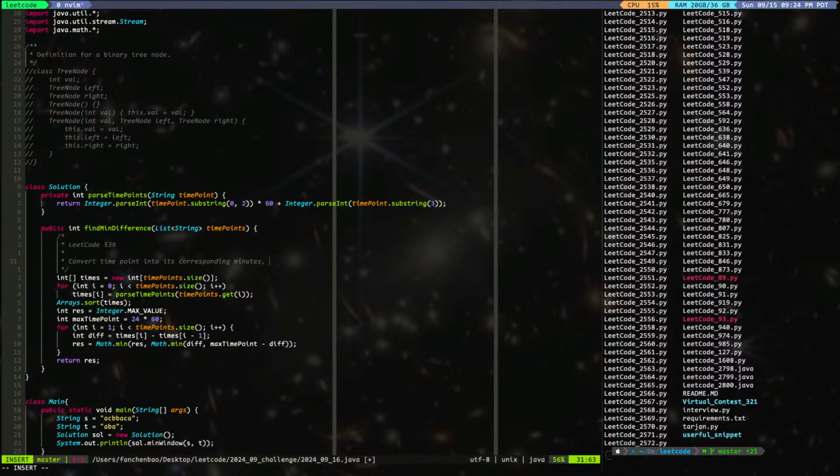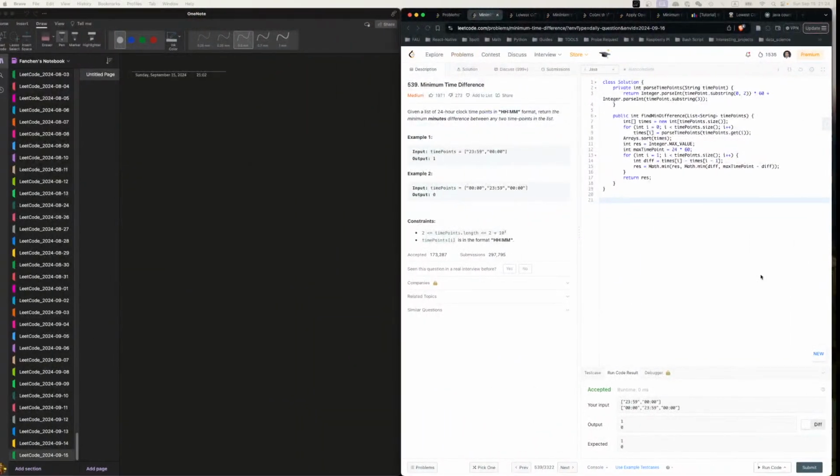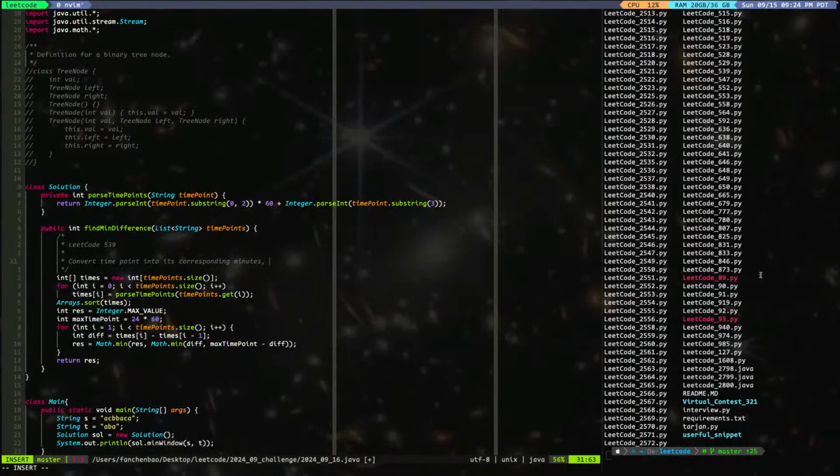Because you sort the time, that means it's not possible for you to compare the front and end. Because you do pairwise, pairwise, pairwise, and it is possible that... So we just do one more comparison. As you wrap around, you do one more comparison. Yep.